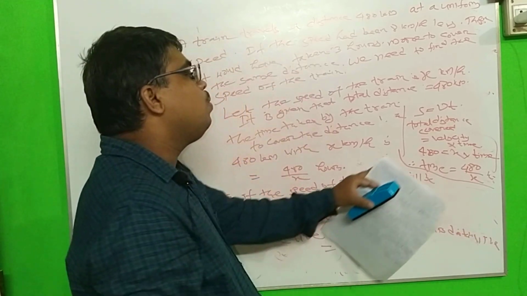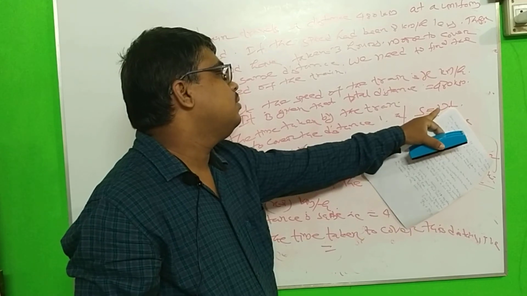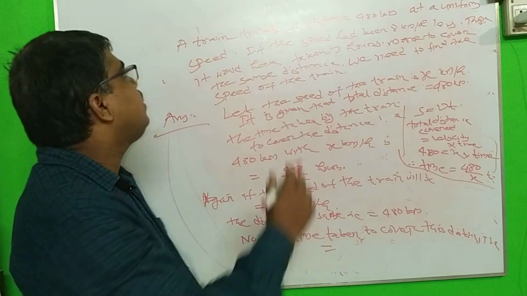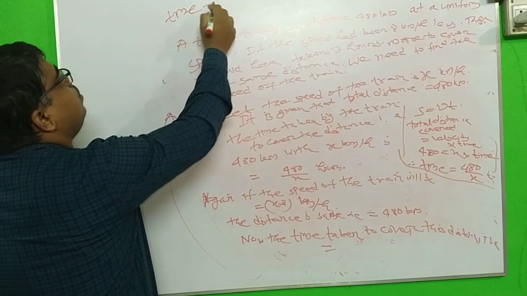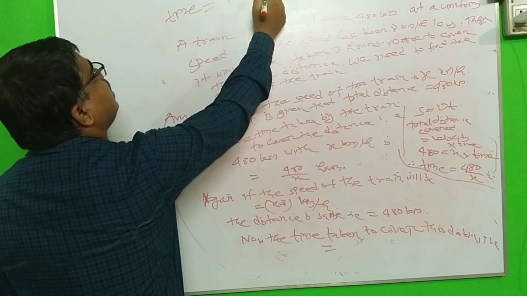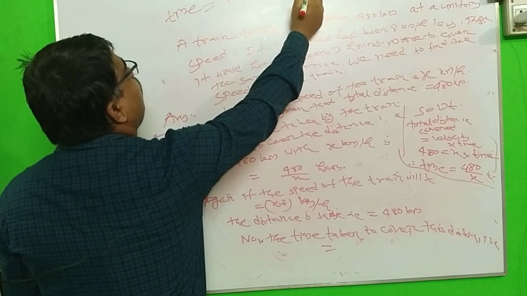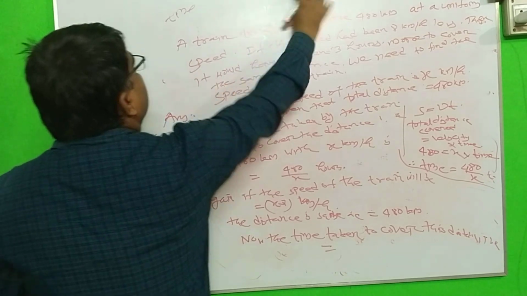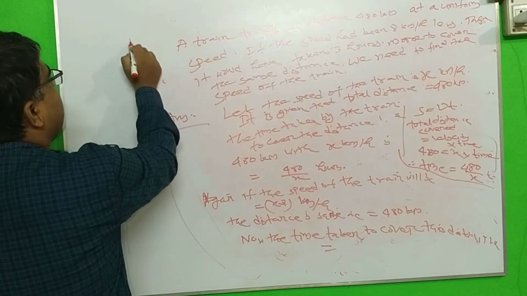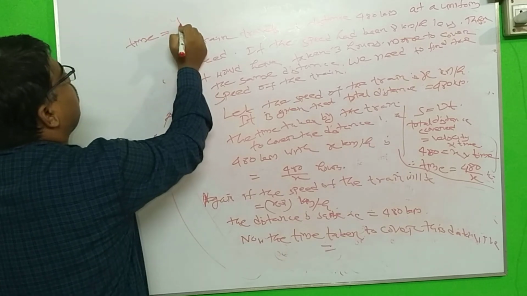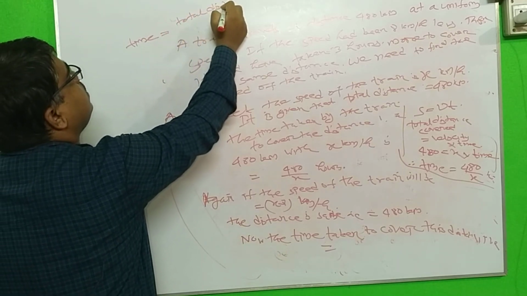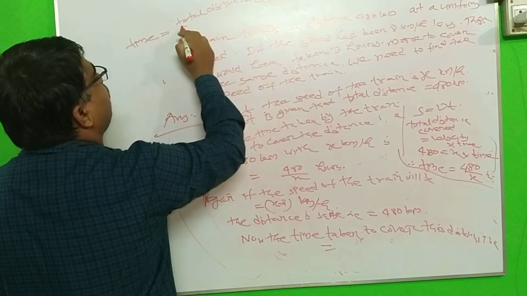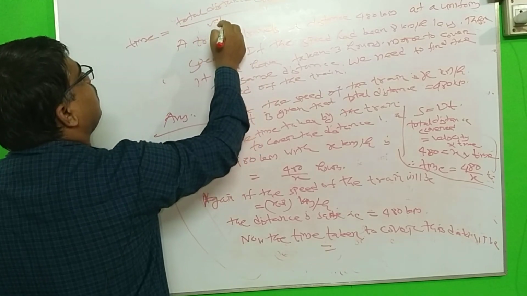time equal to total distance covered by velocity.